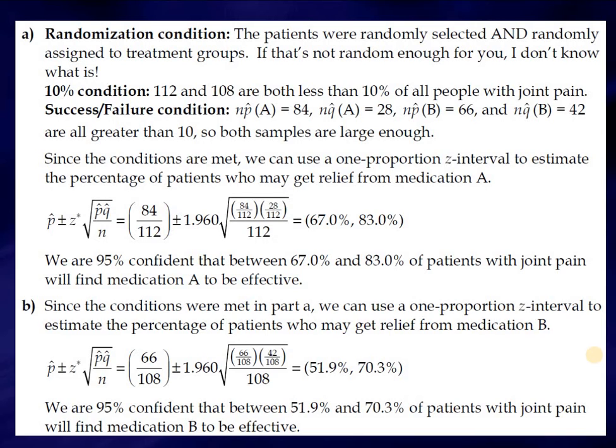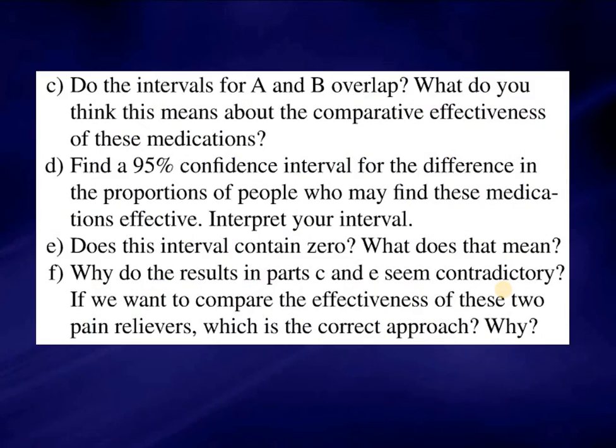Because if we look here, from 67 to 70.3, those intervals overlap. Right? And so if I look at these two samples separately, this kind of goes to the next question. Do the intervals overlap? They do. This would mean if I look at it this way, there isn't a significant difference between the two. I wouldn't have enough evidence to claim that.